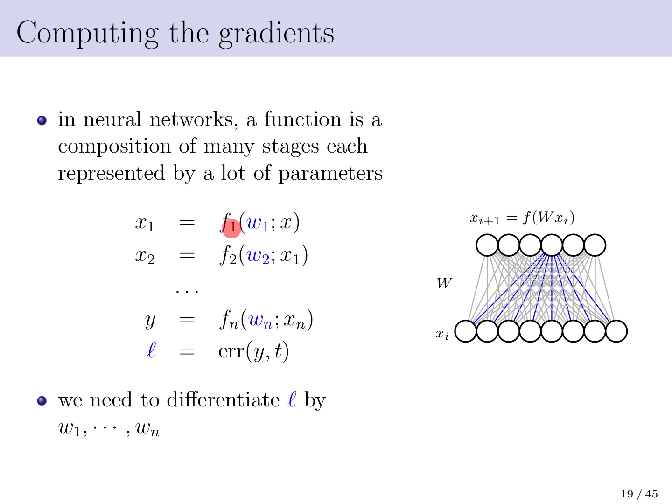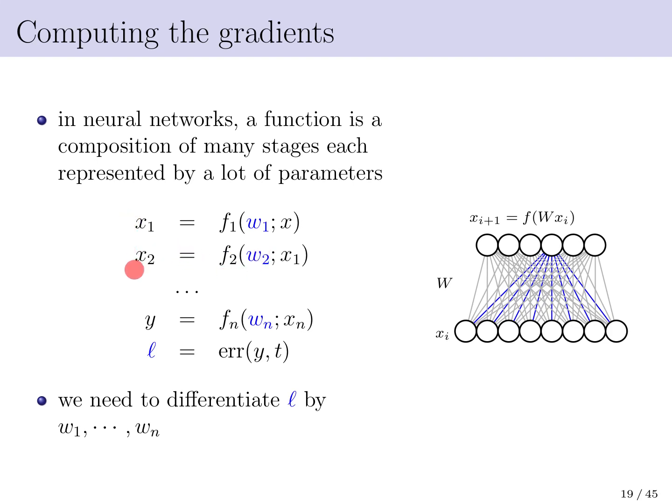So you introduce a known fixed function parameterized by W1, and you apply this function to the original input to get another value. Let's call it x1, and you use this value to compute another value x2 by applying another possibly parameterized function f2.